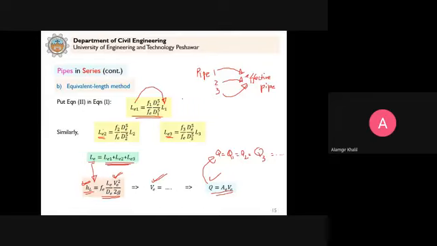So it means that when we apply the equivalent length method, of the given pipes, for example 3 pipes or even 4 pipes or 5 pipes and so on, any one can be selected as the effective pipe. And then we express the other pipes in terms of the effective pipe for this selected pipe, and this is how we proceed to solve the pipe flow problems and calculate the discharge. This is what we are going to do in the end. We are going to calculate the discharge. Clear?